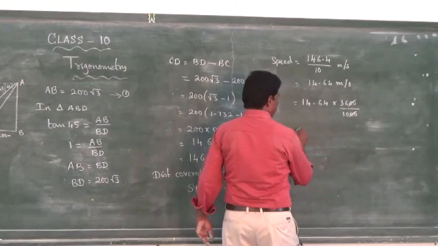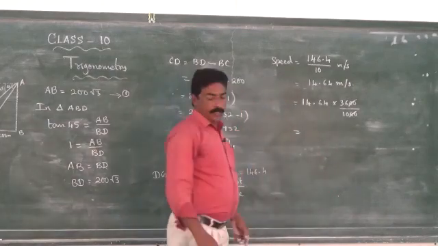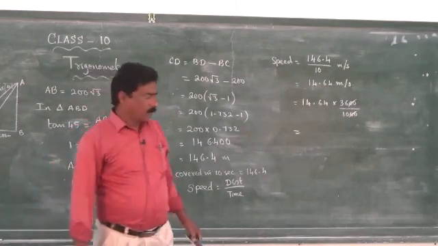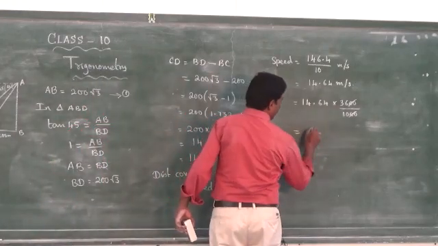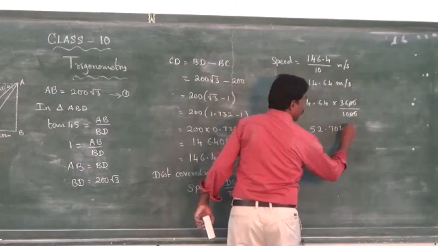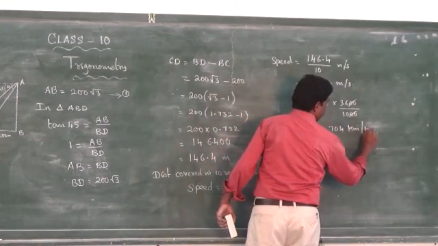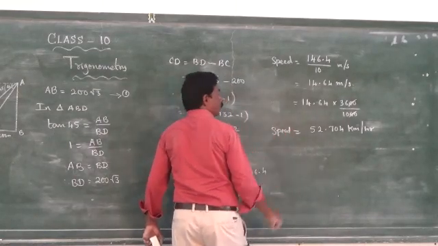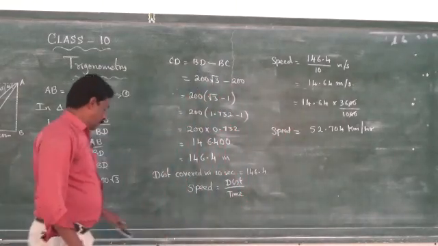So when you multiply and divide this, you will get 52.704. So when you multiply and divide by 10, 52.704 kilometer per hour. So what is the speed? Speed is 52.704 kilometer per hour.